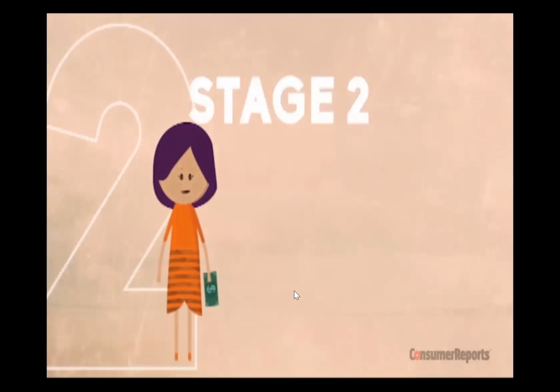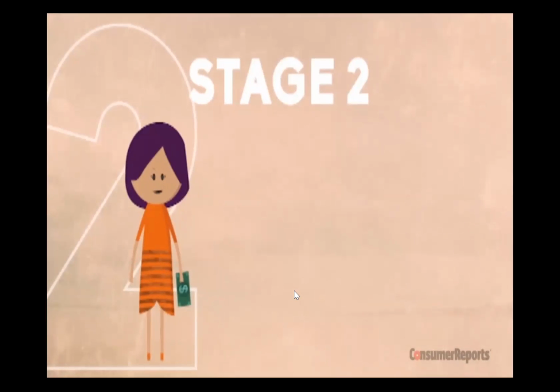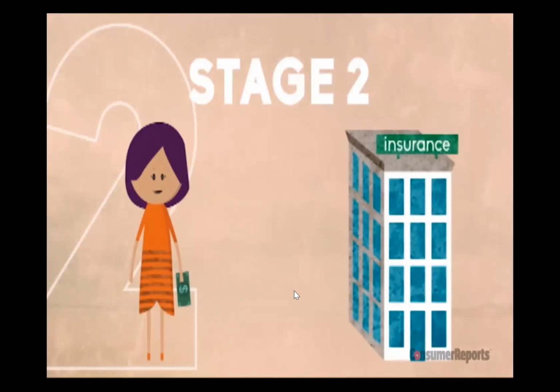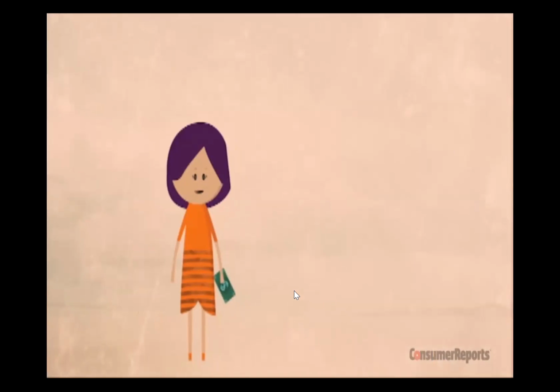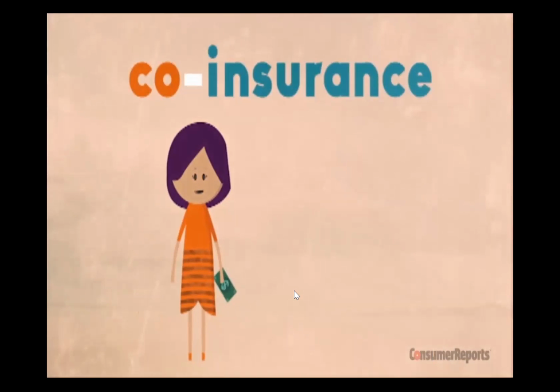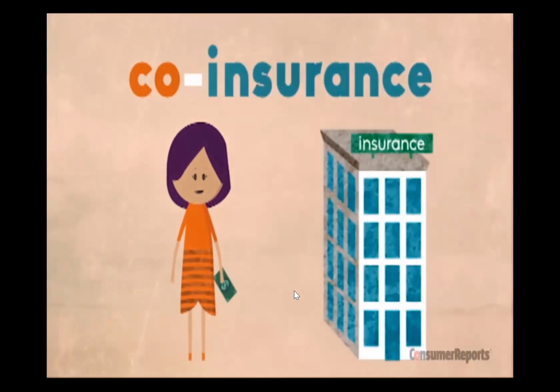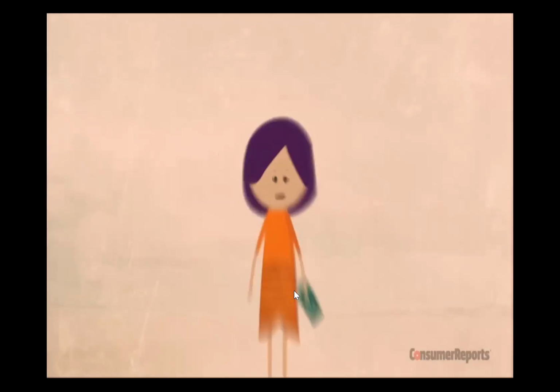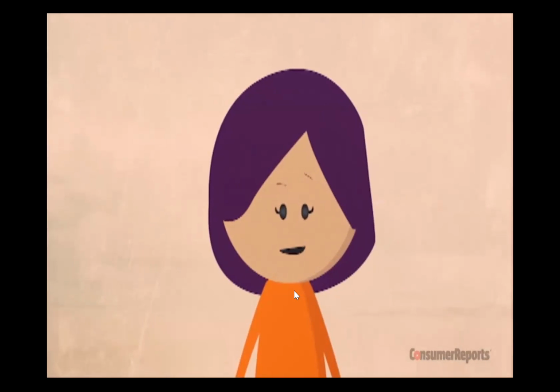Then you enter into the second stage. Now every time you get health services, your insurance company will share the cost of those services. How much? That depends on your plan. Usually, you pay part of the cost, fees called copays or co-insurance, and your insurance pays the rest. But the second stage doesn't go on forever. If you reach a certain amount, you won't have to pay for any services.